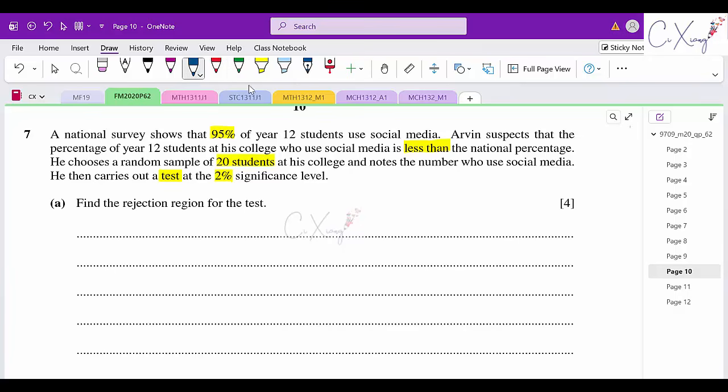And what are we testing for this particular question here? So you can see that we are testing the percentage, or the proportion, which is the P, for the number of year 12 students who use social media.